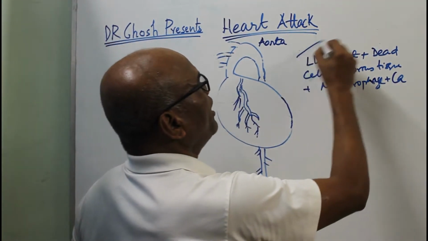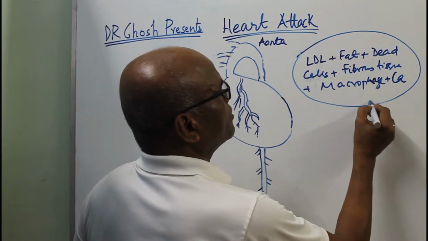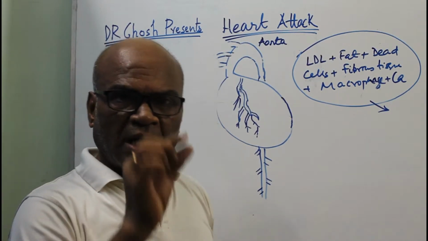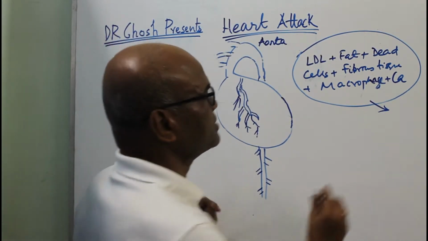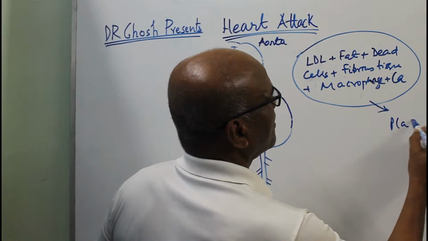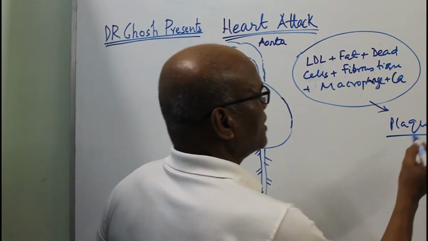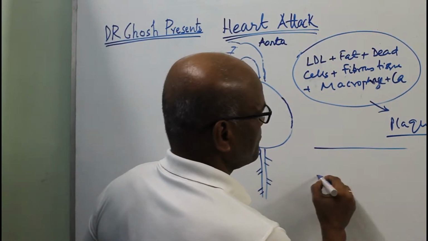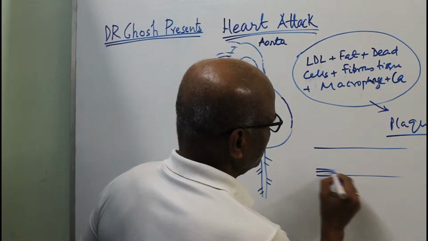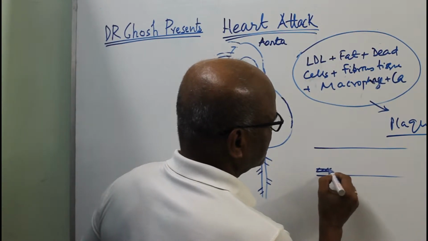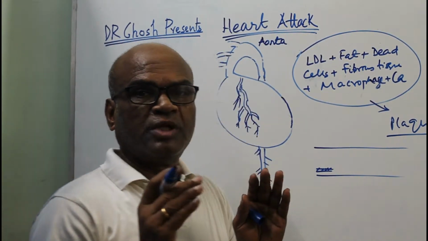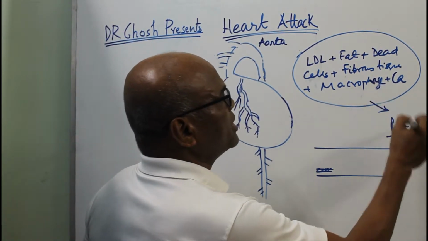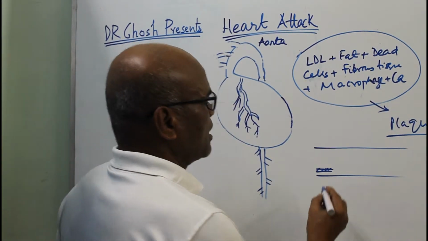This thing combines to produce a sticky, gluey substance called plaque. This plaque accumulates within the internal layers of the artery.